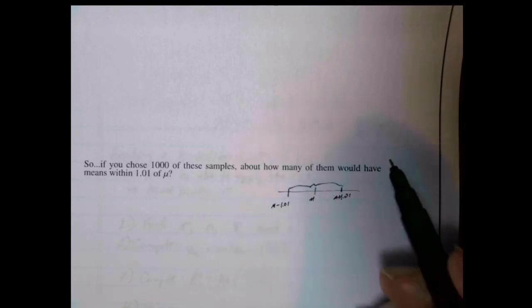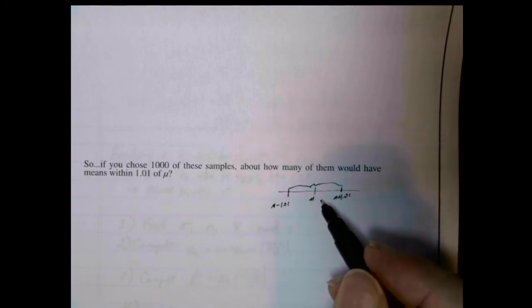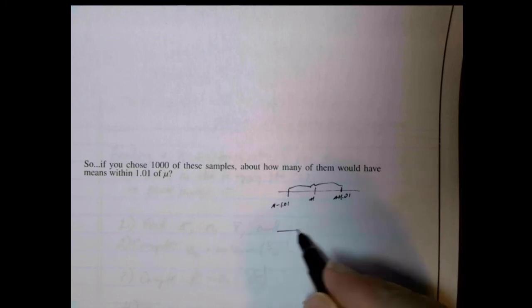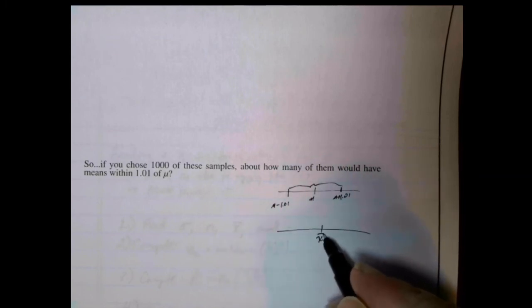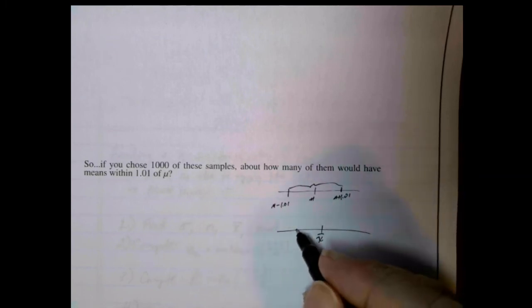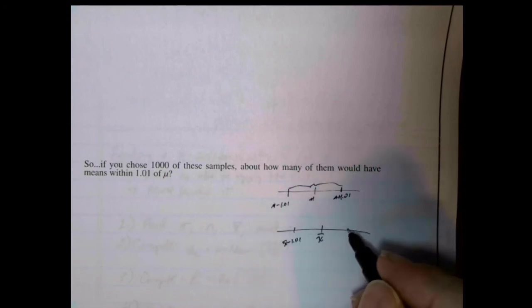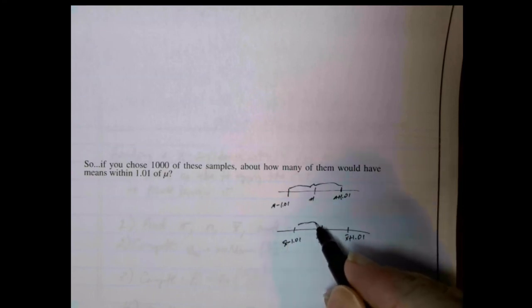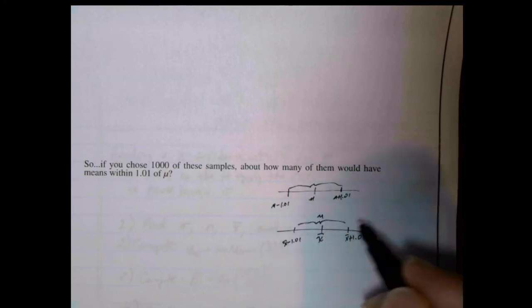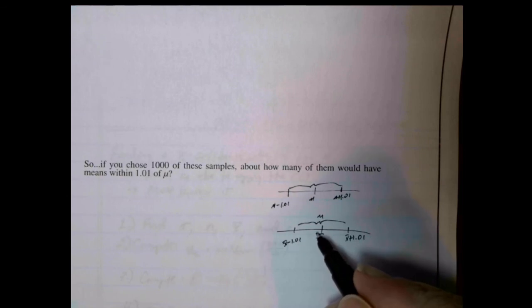Now, the confidence interval is actually constructed around x bar, of course. We actually start with x bar when we construct the confidence interval, and then make this x bar minus 1.01 to x bar plus 1.01. But then 95% of the time, mu is going to be in this interval.